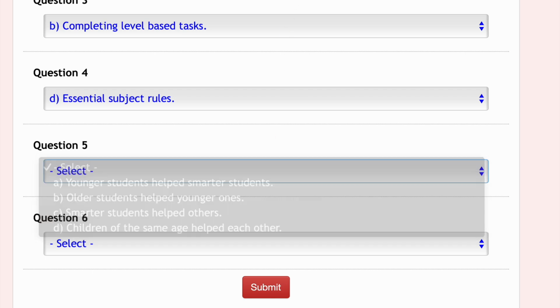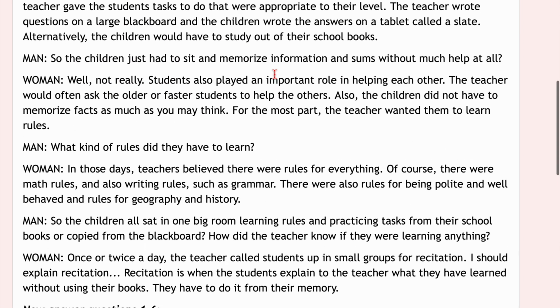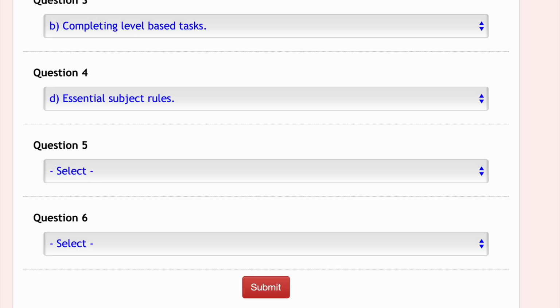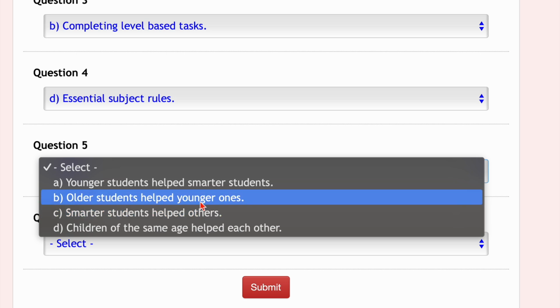So it said over here, older or faster students to help the others. So then, it didn't really say just younger ones, okay?